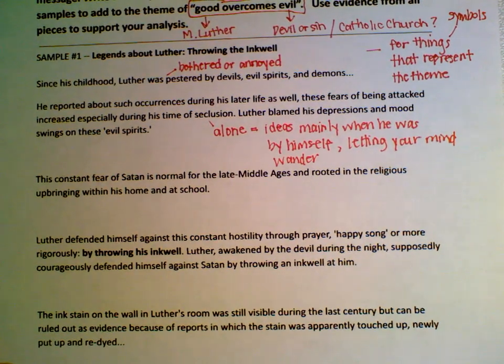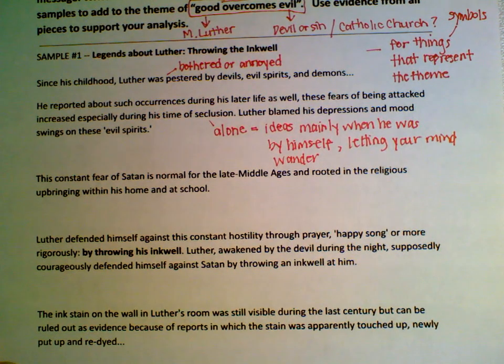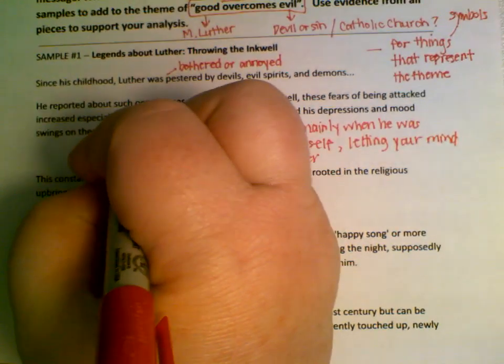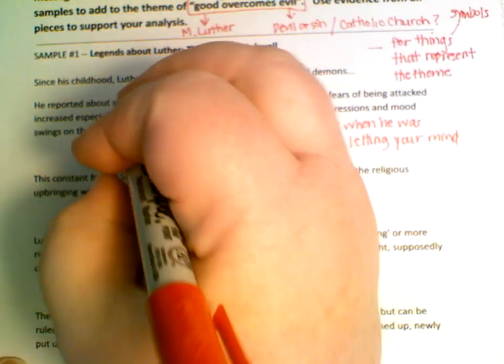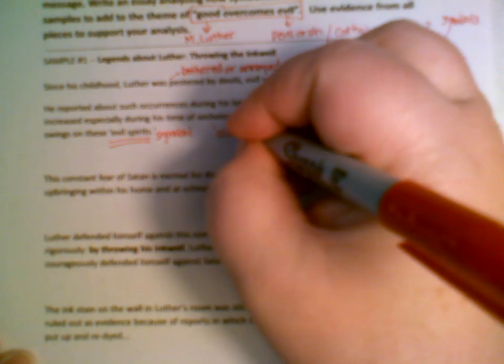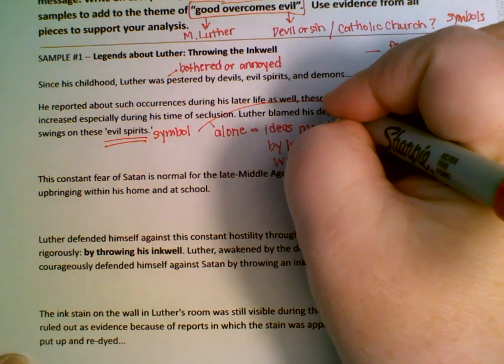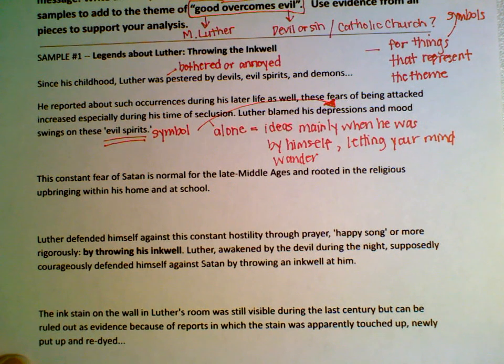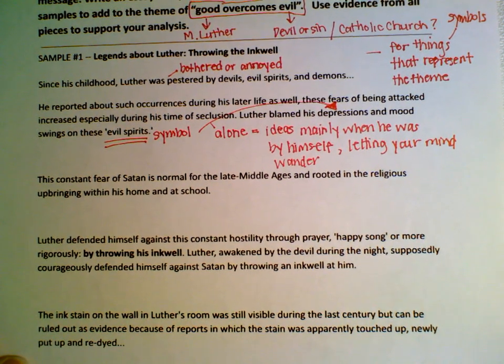Sometimes when we're by ourselves, we get so alone that we let our mind wander into kind of bad places. And Luther blamed his depression and mood swings on these evil spirits. So the evil spirits in this case are going to be the symbol, and it's going to reflect his depression. Okay? The symbol of his depression came out in these evil spirits.